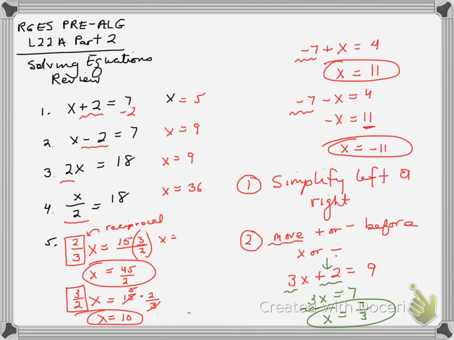Let's look at another kind of problem. What if I had this? Whoops, that's not what I wanted to do, sorry. Let's say x over 3 minus 7 equals 4. I'm just making these up, okay? I want to get x equals on the left-hand side. I have 2 things I need to get rid of, my minus 7 and my divided by 3.